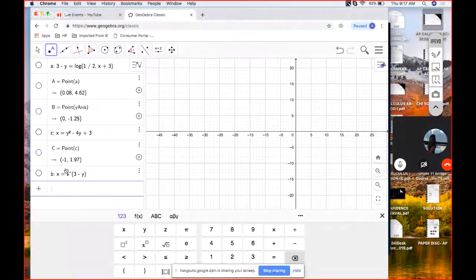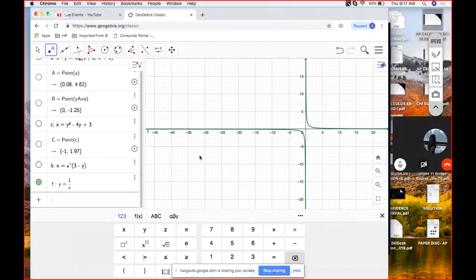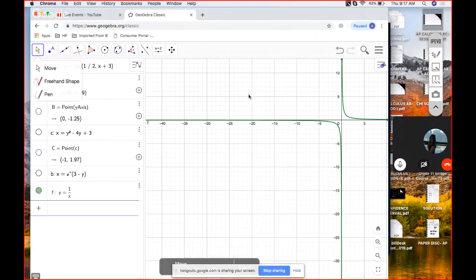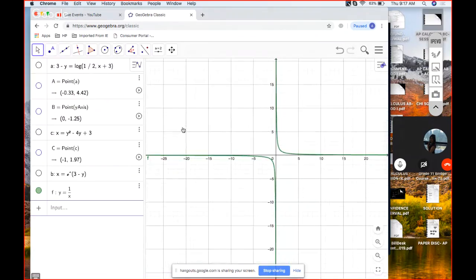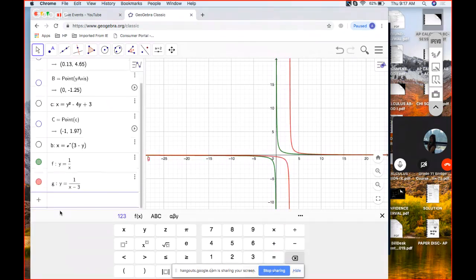So this was the graph of y is equal to 1 by x. Expand it. So this is the graph of 1 by x minus 3.